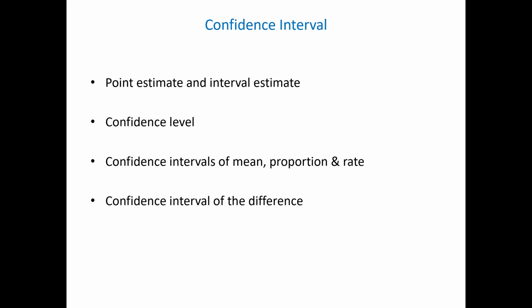Let me tell you the logic behind this interval estimate. If I say, one of you now, is it Amanda? I want to get the age of Amanda. Say Amanda is 35 years old, and I'm looking at you to be around 33.